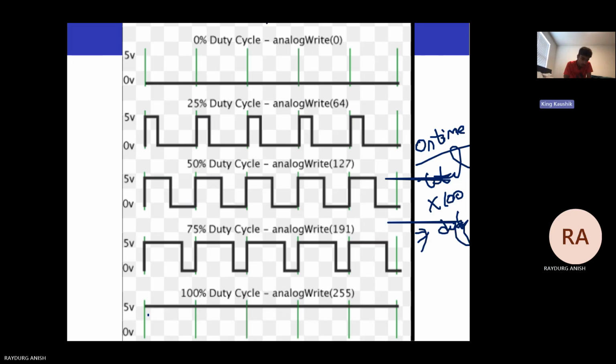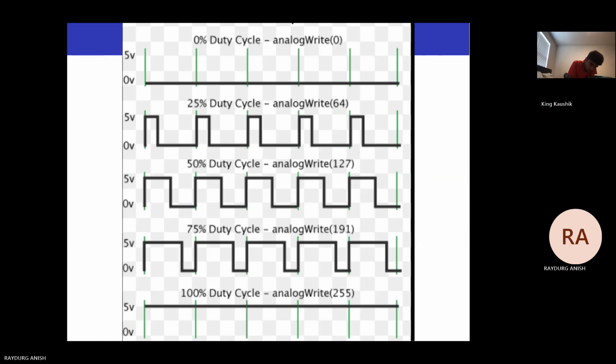So duty cycle is on time over total time, multiplied by 100. On time divided by total time into 100 is equal to duty cycle. Okay.